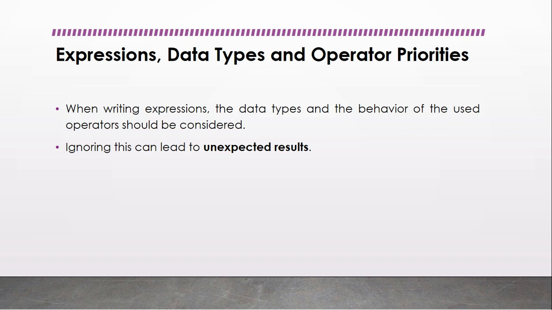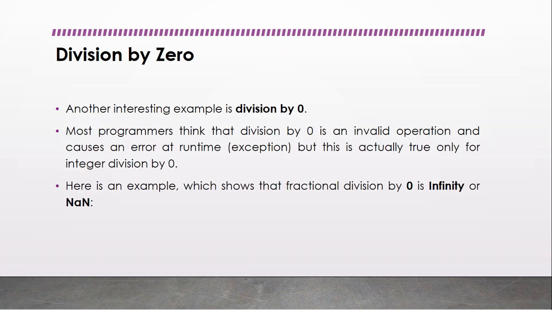Expressions, data types, and operator priorities. When writing expressions, the data types and behavior of the used operators should be considered. Ignoring this may lead to unexpected results. Most programmers think that division by zero is an invalid operation and can cause an error or exception at runtime.